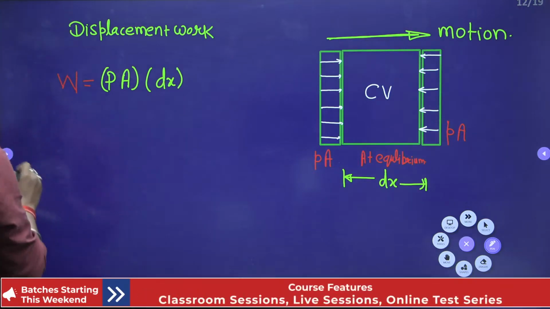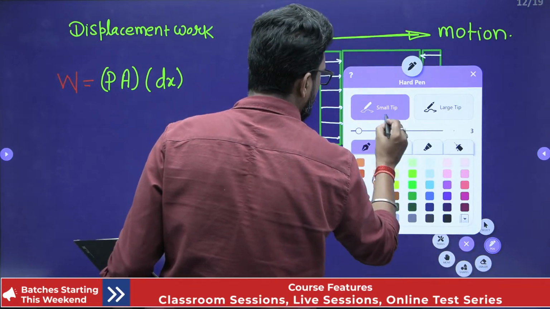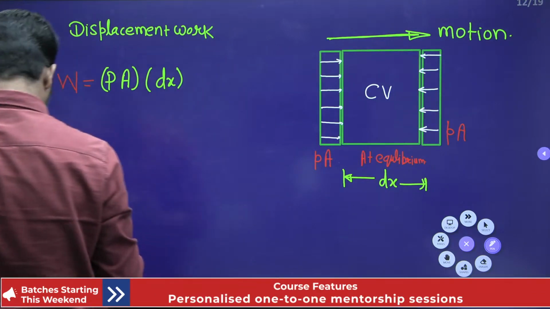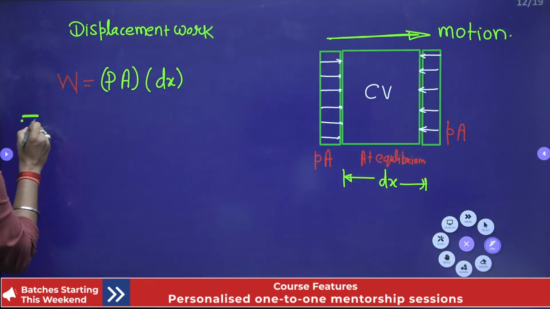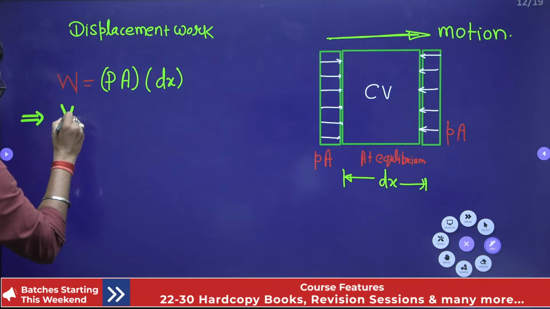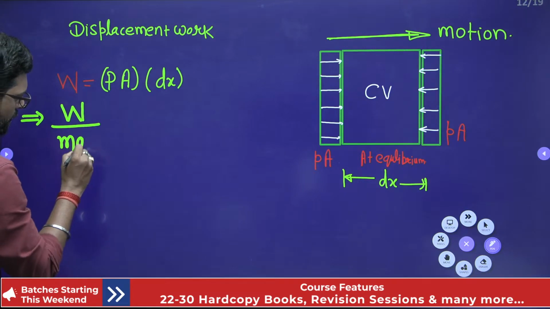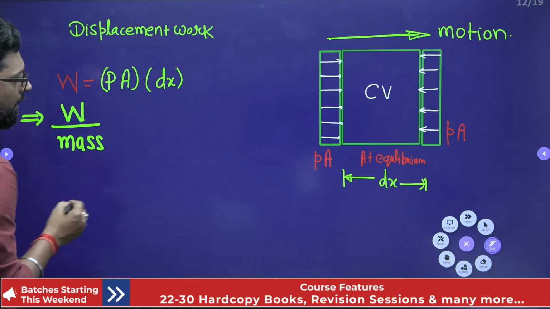Okay. Now I take it a little bit larger so that you can visualize it. Okay, and see, we take work divided by mass. Okay, work divided by mass. And what is the mass?